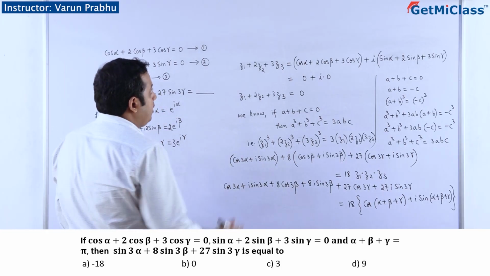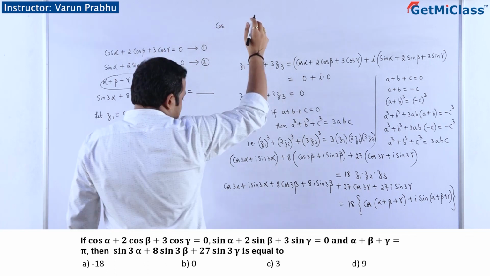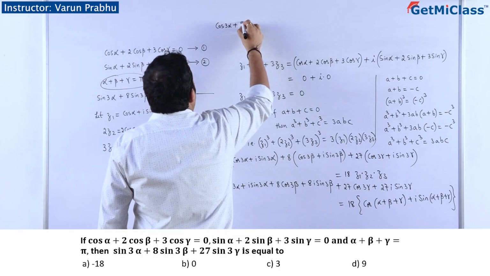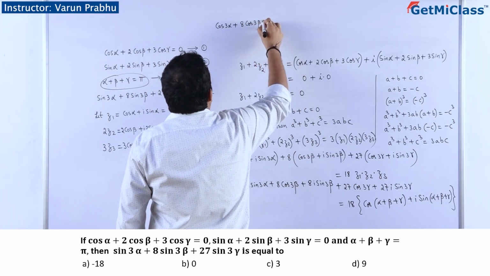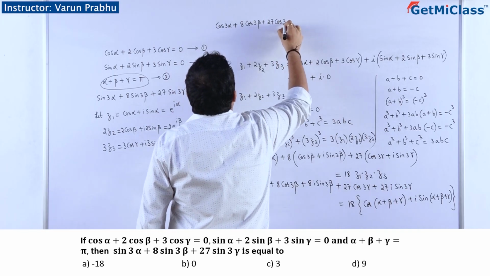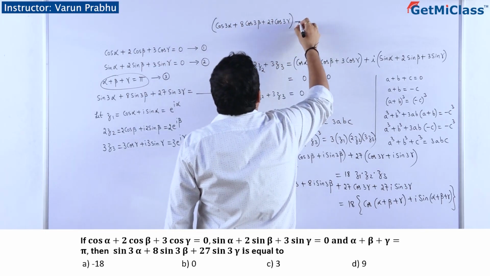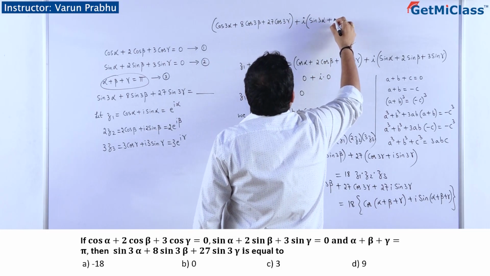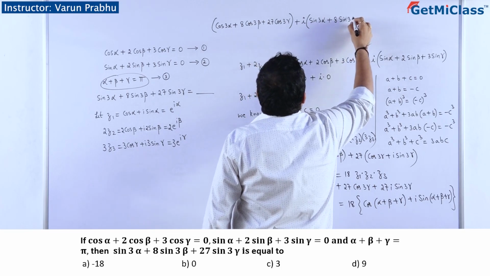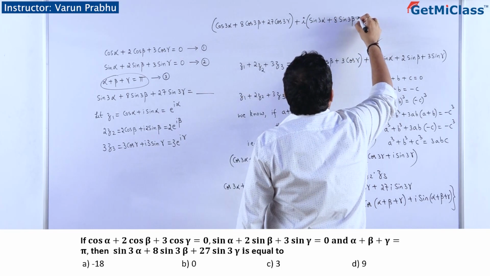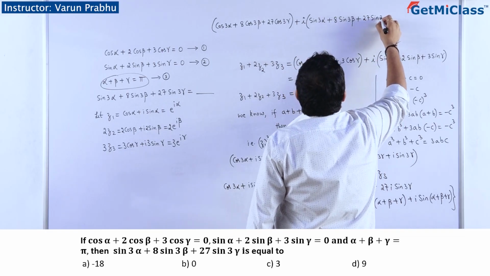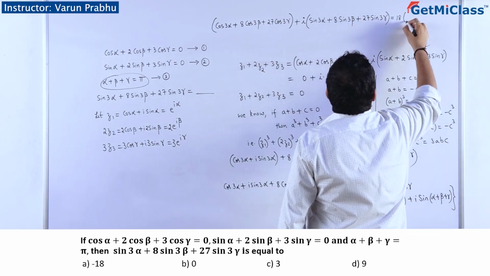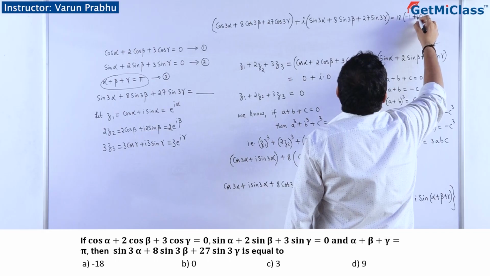So I'll put all the real parts together: cos 3 alpha plus 8 cos 3 beta plus 27 cos 3 gamma, plus i times sin 3 alpha plus 8 sin 3 beta plus 27 sin 3 gamma, that is equal to 18 into cos pi, which is minus 1, plus sin pi is 0, i into 0.